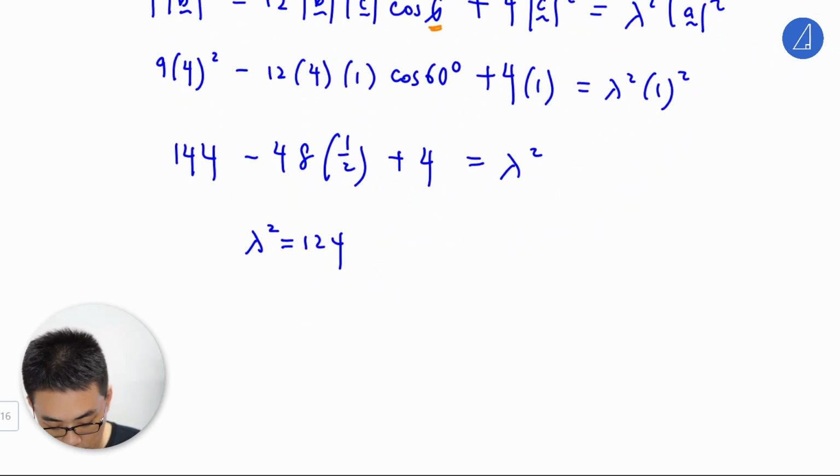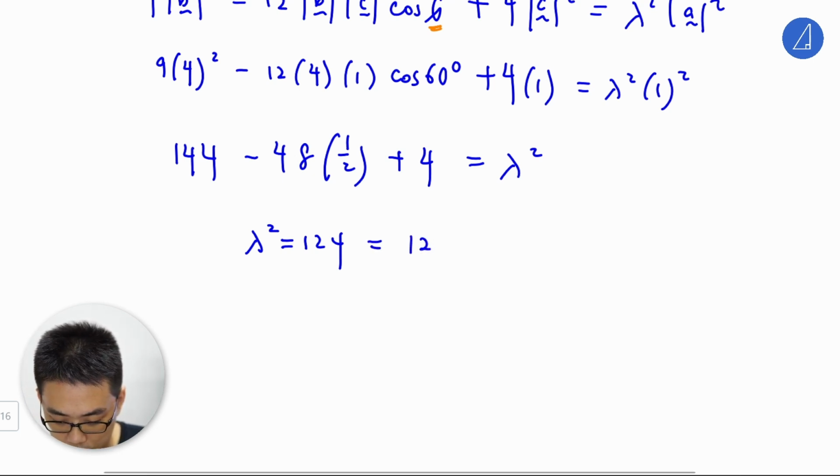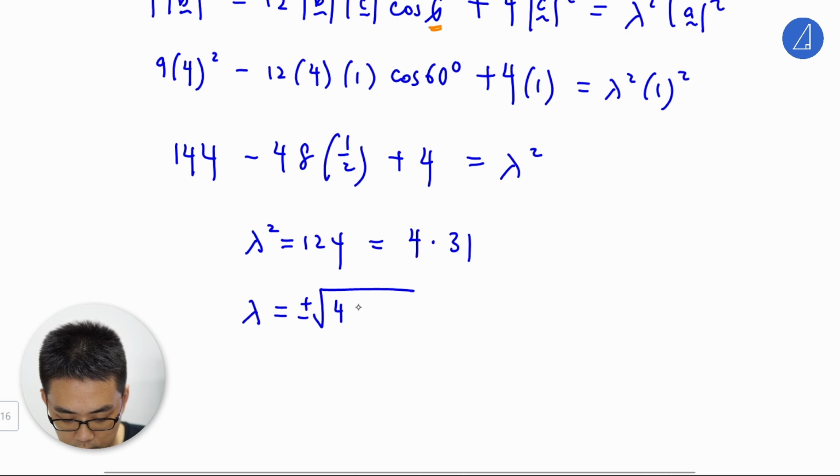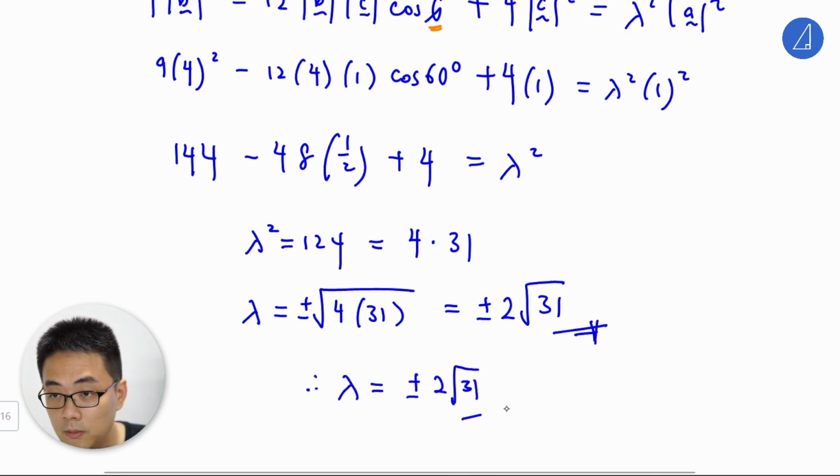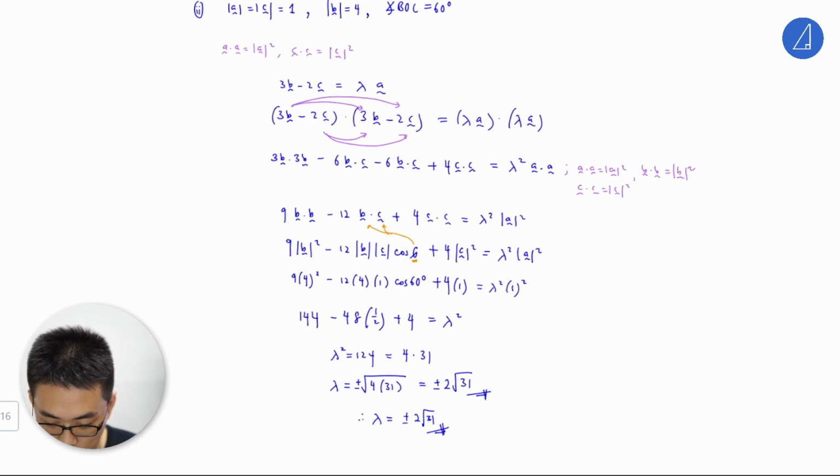So 124 will then be divided by 4. Good. Okay, there you go. Got it.